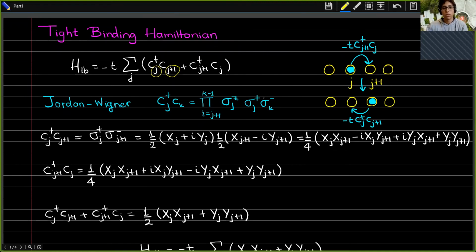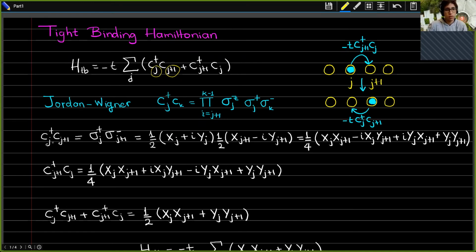We have to put a sigma plus where we have a creation operator, and a sigma minus at the site where we have an annihilation operator. And in between those two sites, we're going to place sigma z operators. It's going to be easy in the tight-binding model because we only have couplings between nearest neighbors, so there's nothing in between. There are not going to be any sigma z products.